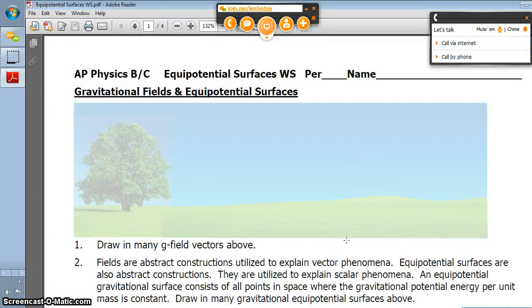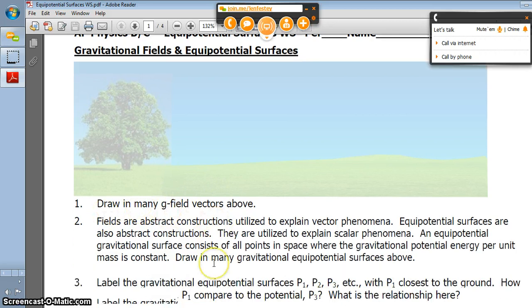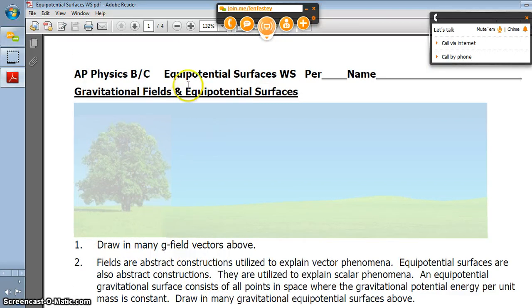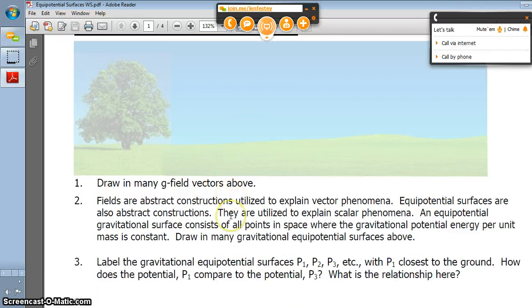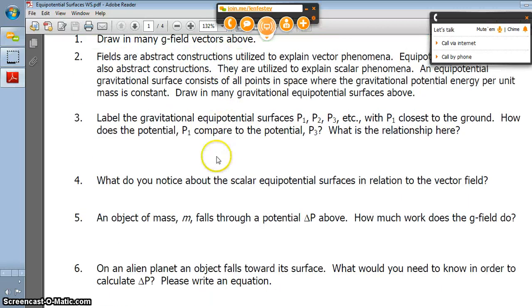After we get done looking at electric fields, then we're going to look at these things called equipotential surfaces. And so what I'd like you to attempt to do, this is also on that snow day homework, is work on some of these where it says equipotential surfaces worksheet. Again, I think most of these will be pretty easy.